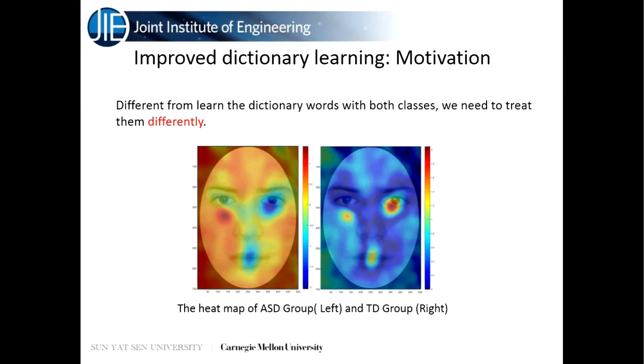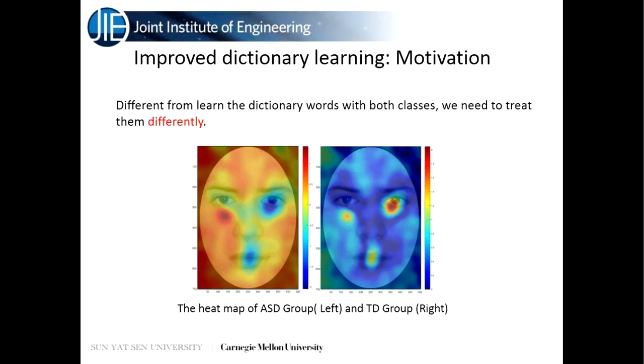So here is a heat map for two groups. One is the ASD group, one is the typical development group. This is a heat map for their eye gaze, right? Eye coordinates. You can see the ASD group people look at the faces, but for the right eye, they seldom look at that region, and also for the mouth, they seldom look at it.